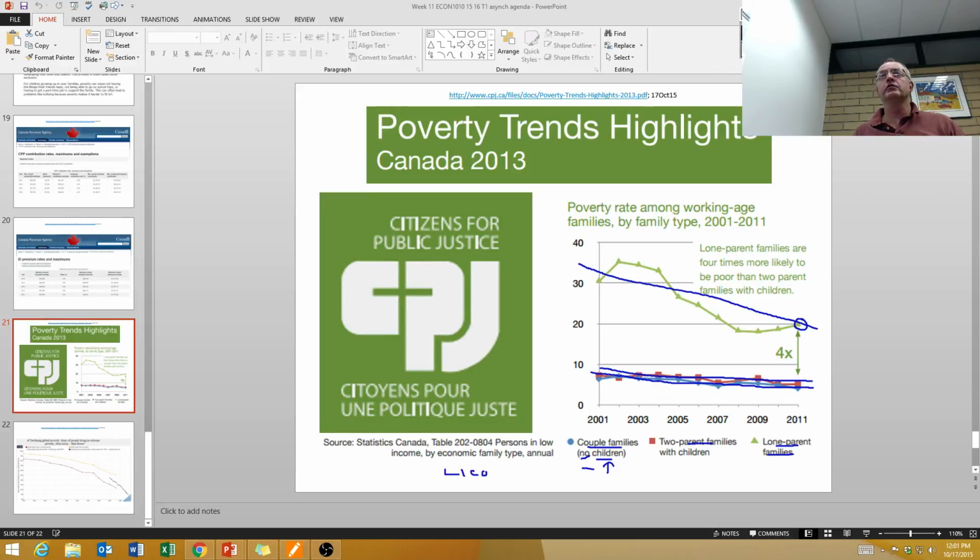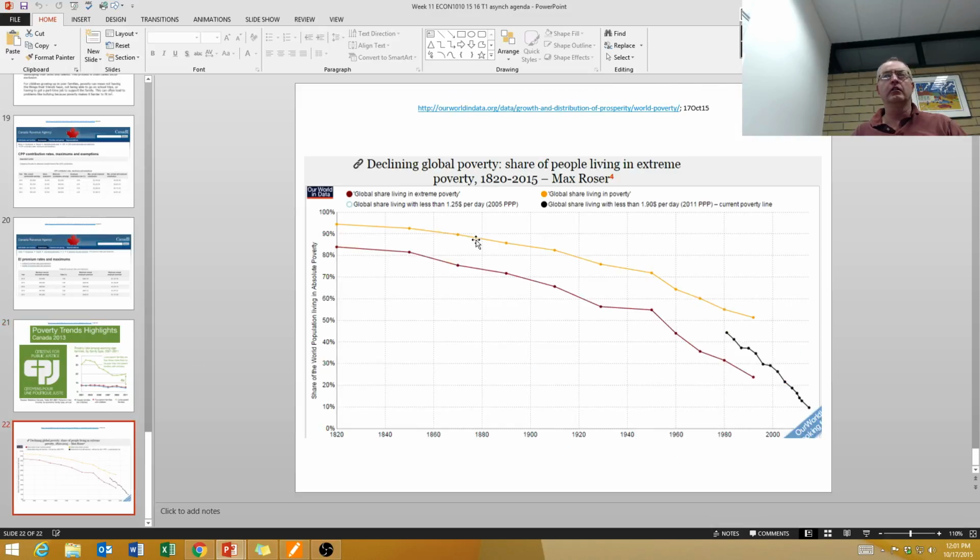And then the final slide. This is Canada, and I have some international stats here, which show the same thing happening on a global basis. Over the last almost 200 years, there has been a long-term reduction in poverty levels throughout the world.